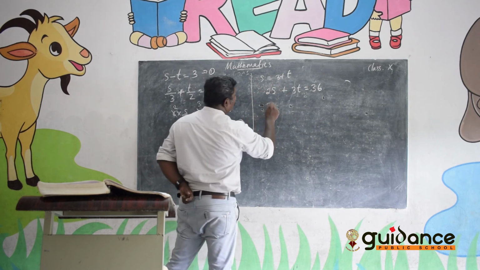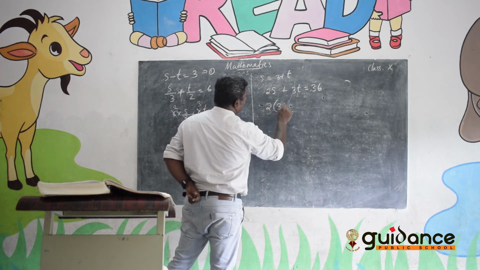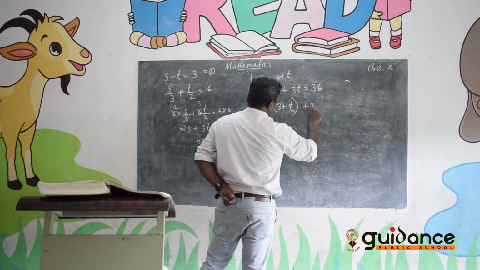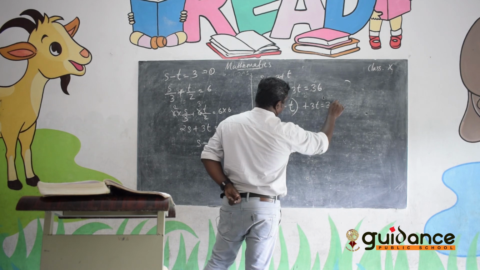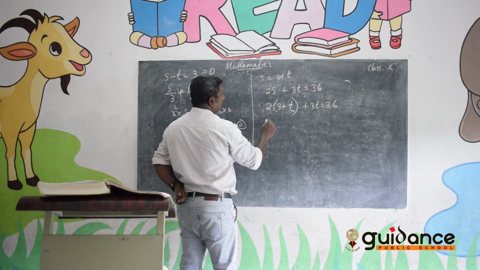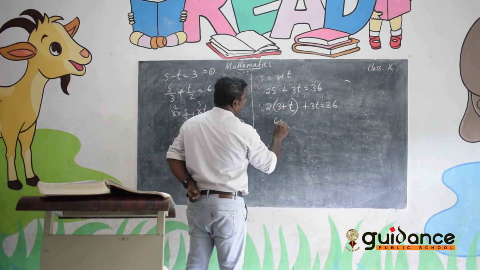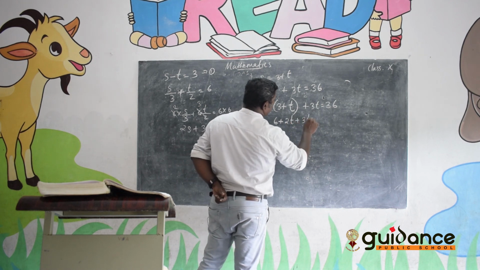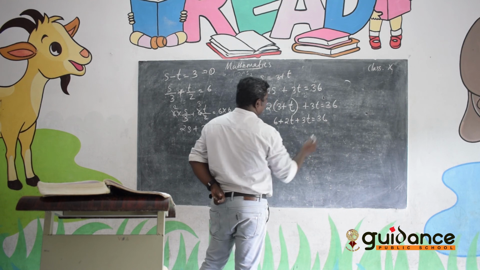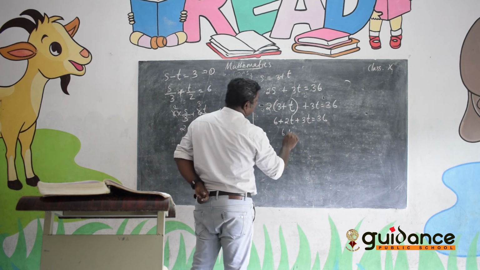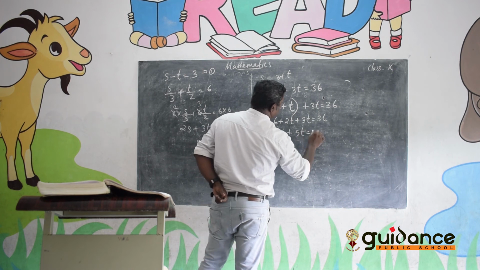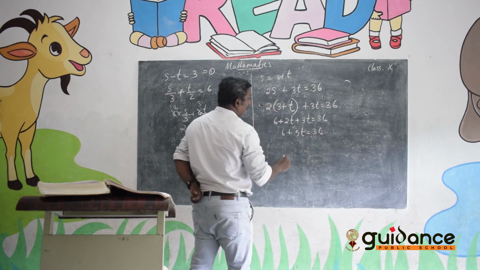That is 2 into (3 plus t) plus 3t equal to 36. Then we multiply: 2 into 3 is 6, plus 2t plus 3t, equal to 36. So 6 plus 5t equal to 36.